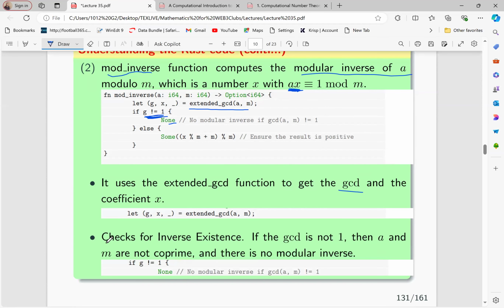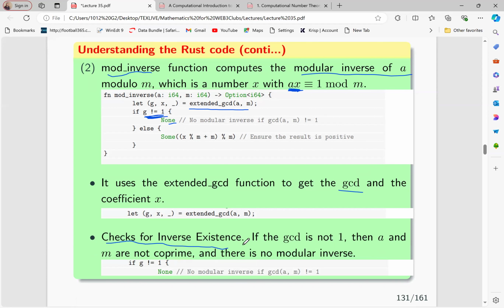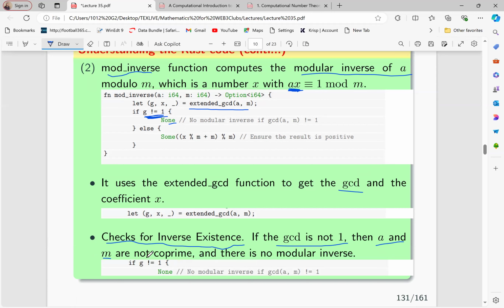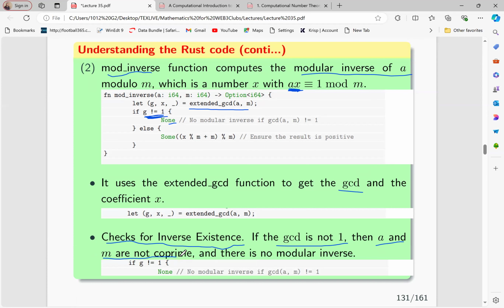So that is why I've said here, it checks for inverse existence. If the GCD is not 1, then A and M are not coprime, and therefore there is no modular inverse.